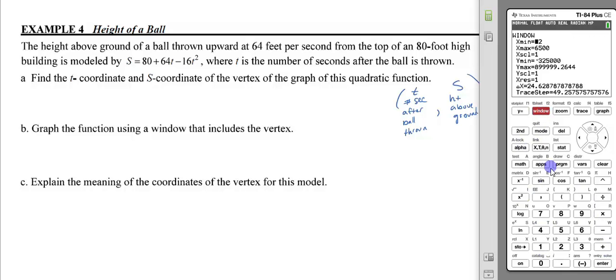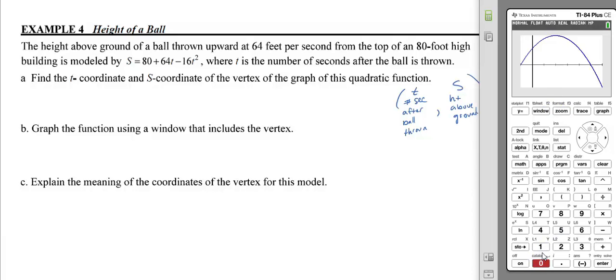And let's set our window from -1 seconds just so we can see the y-axis, and an x maximum, gosh, let's hope that it hits the ground by 6 seconds after it's thrown up from that building. And let's do a zoom 0, and sure enough you can see where it leaves the launching point at the top of the building, and then see the height above the ground at whatever seconds we have.